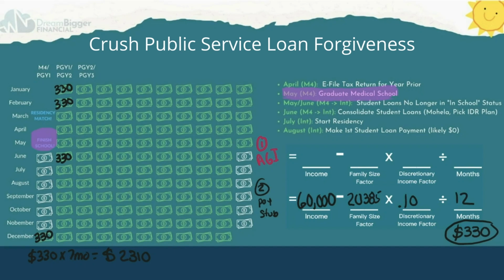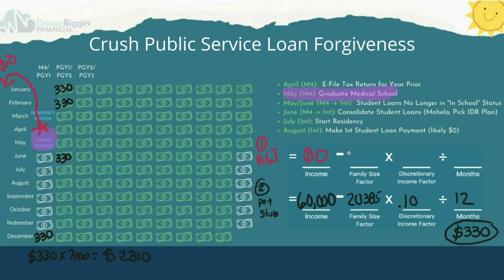Now, let's show the example of us filing with our adjusted gross income. And remember, our adjusted gross income uses our tax return that we would file in April for the income we earned our last year of medical school. So for most of us, it would be $0. So our income using our adjusted gross income would be $0.